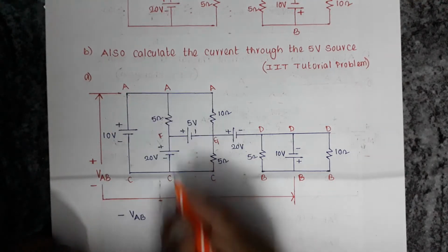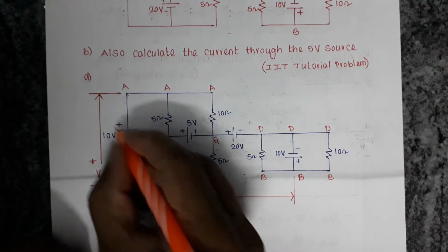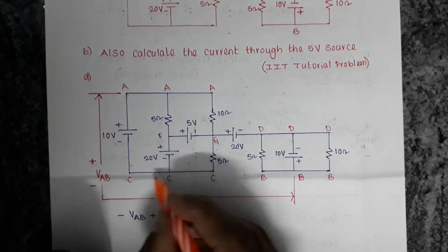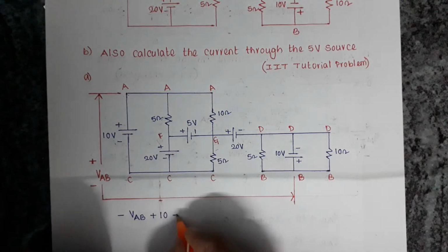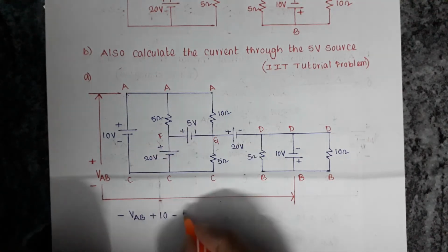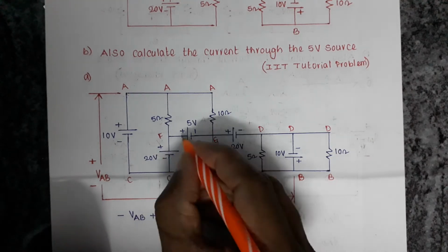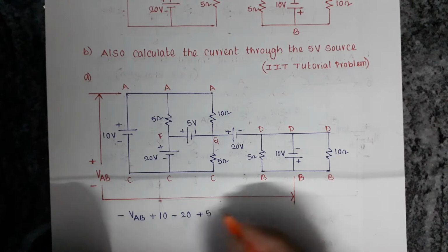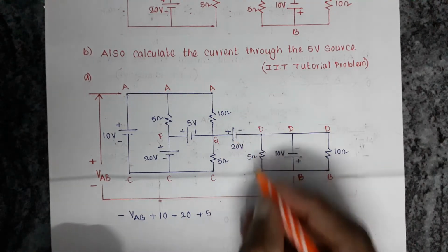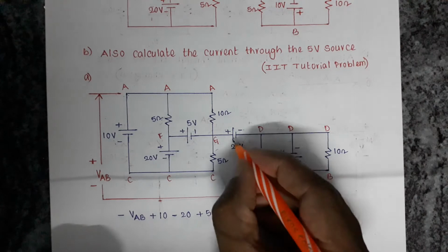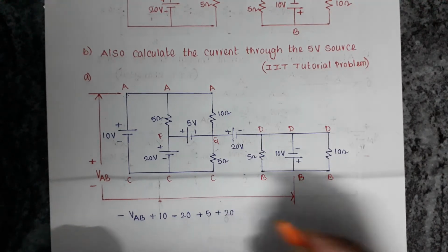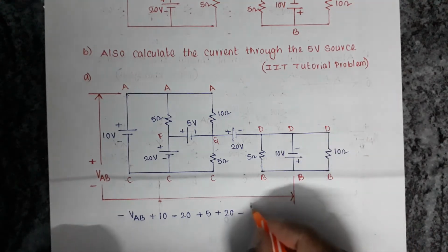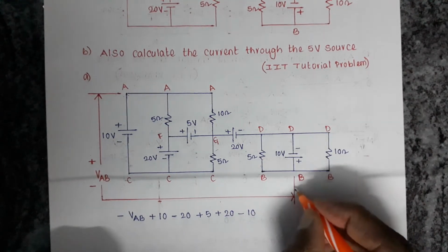Next, I come across a positive sign, plus 10 volts, and again a negative sign, minus 20, and after that a positive sign, plus 5, and then a positive sign, plus 20, and then a negative sign, 10 again.